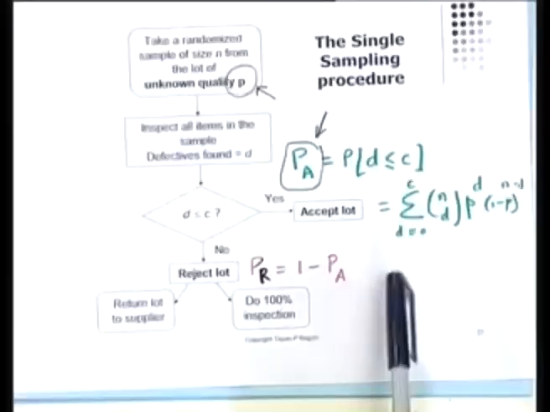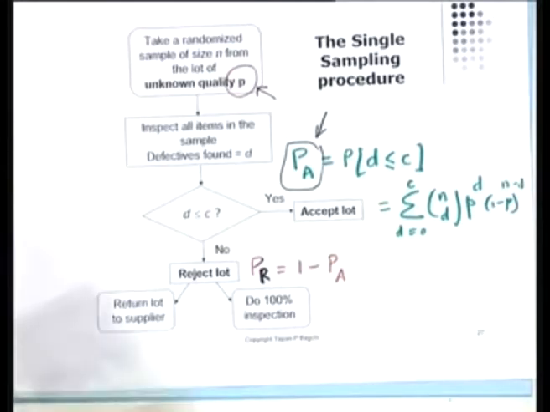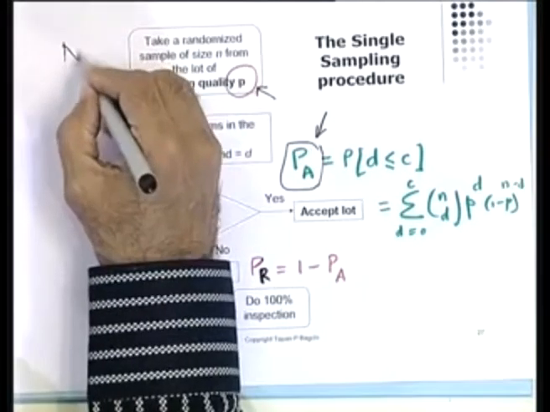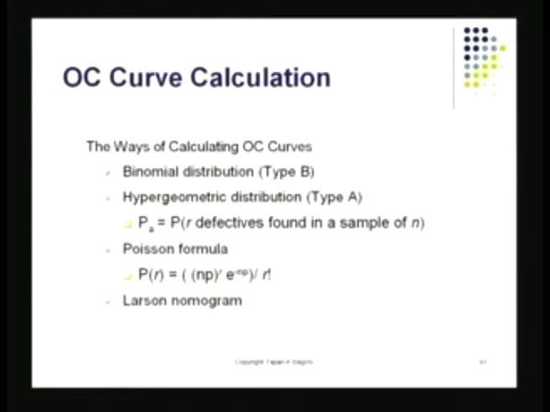But if the lot size, that big N, is not too large, I have to use what we call the hypergeometric distribution. And in that case, I'll be using the type A OC curves.